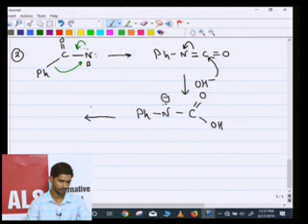After that, there will be proton transfer. Ultimately, we have discussed that this proton will shift over there. This O and this H. So this proton will shift over there. H plus transfer.